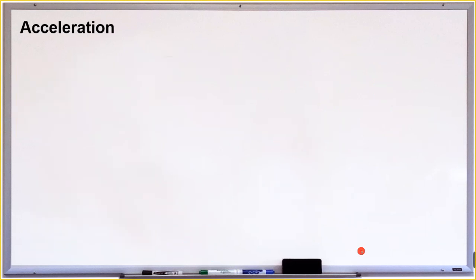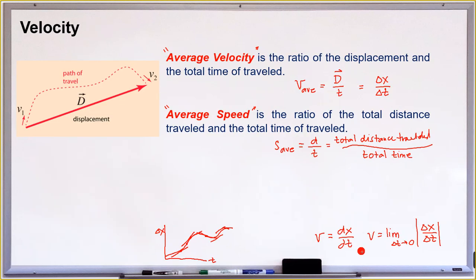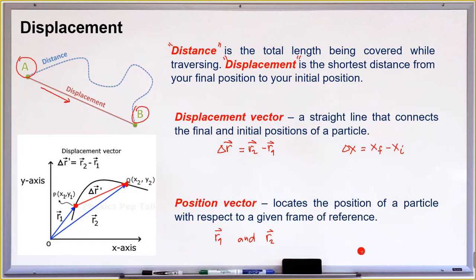Now, let's proceed to acceleration. By the way, let me go back to displacement to add the possible units. For displacement, since it is a length, the expected units in English are meter, inch, and foot.